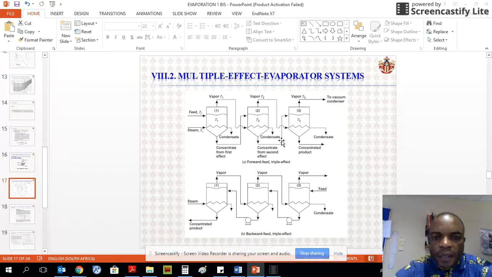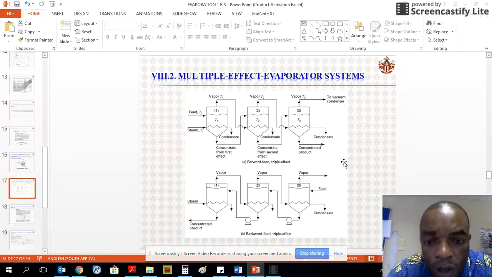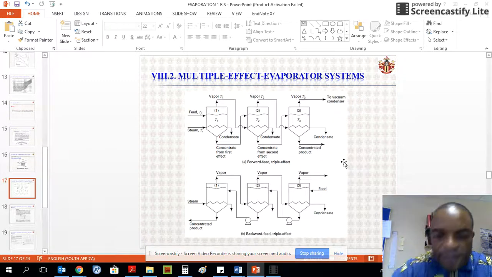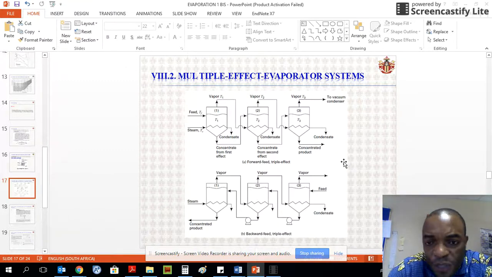Now, the other strategy is to use what we call multiple effect evaporators. It means instead of only one stage, use two or more evaporators, one after another. There are two different varieties. We have what we call forward feed, triple effect evaporator, triple effect when you have three, but you can have a double effect with only two.